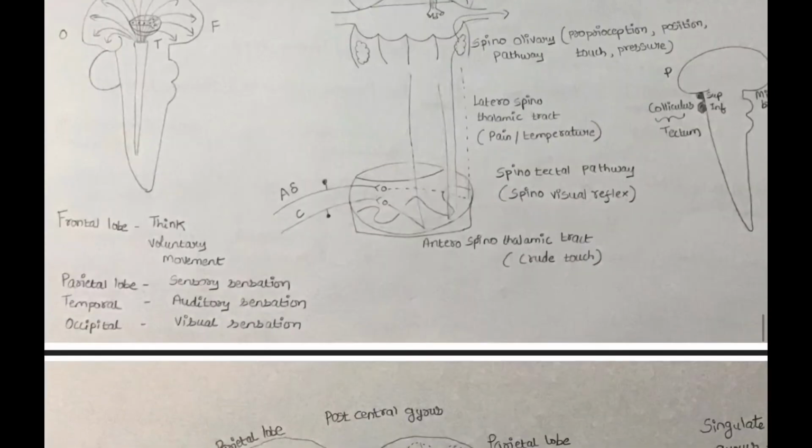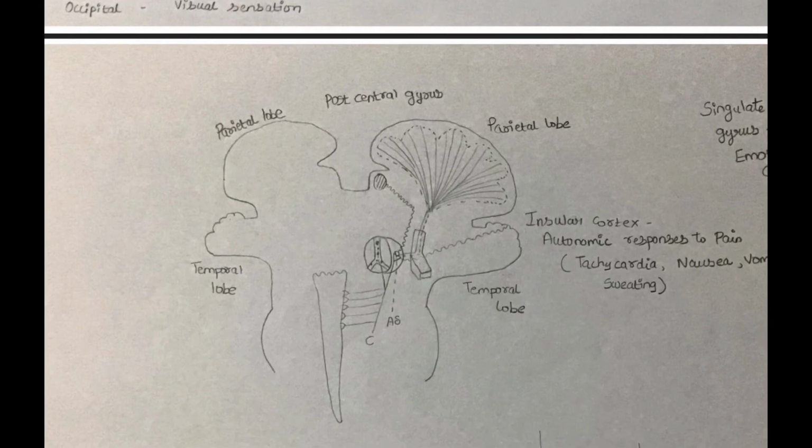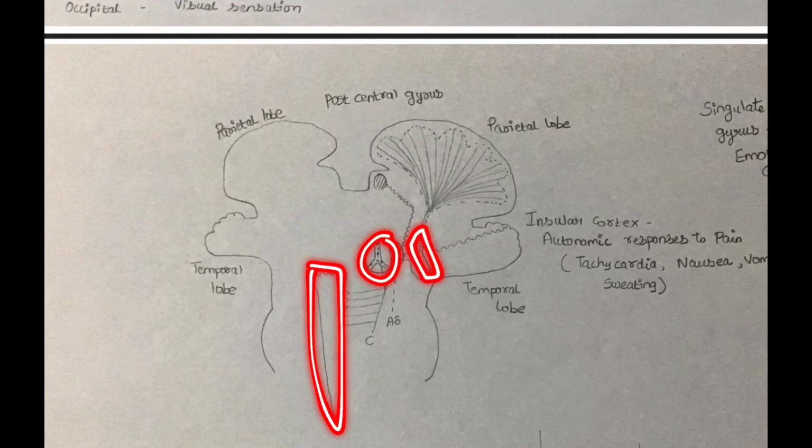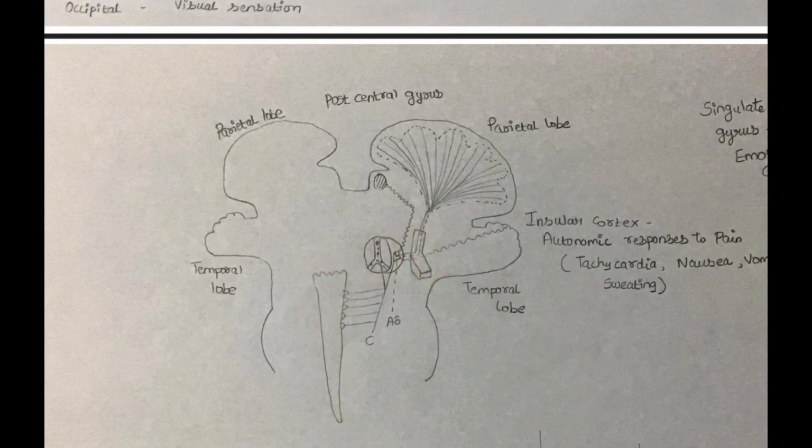So here we have another section of the brain, and here you have the reticular formation, thalamus, internal capsule, same like in the dorsal column system.